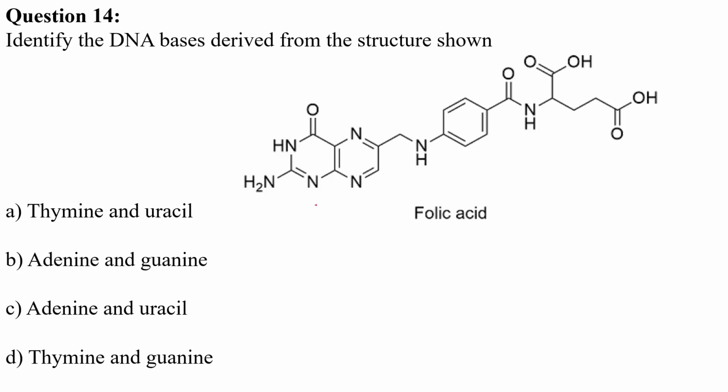If you see here, you will see a ring system. So, you can identify what bases are actually derived from folic acid. Option A, thiamine and uracil. Option B, adenine and guanine. Option C, adenine and uracil. Option D, thymine and guanine.